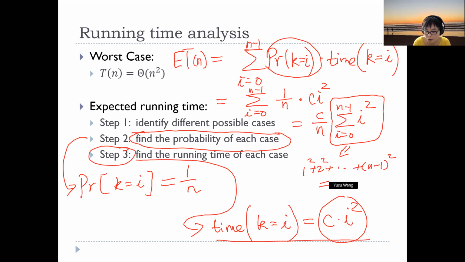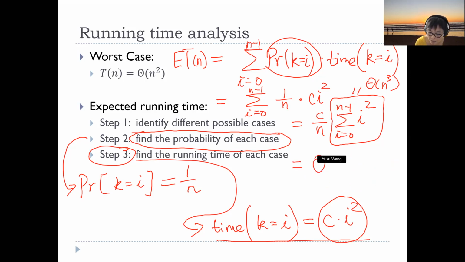This turned out to be big theta of n cubed. So we know that this is n cubed, and n cubed times c over n, where one of the n factors cancels, we have as such big theta of n squared.